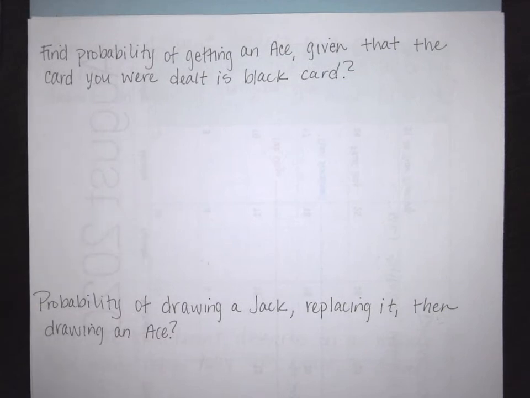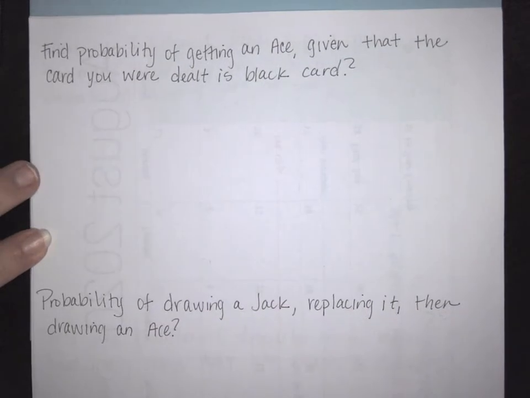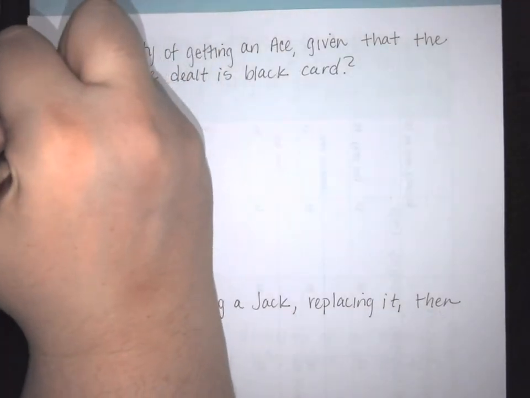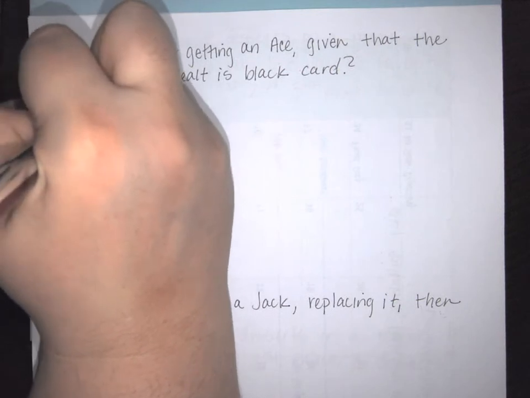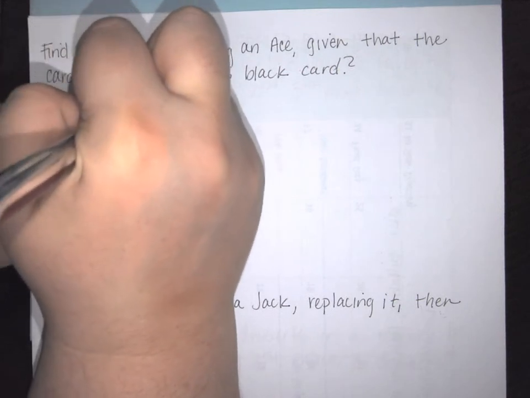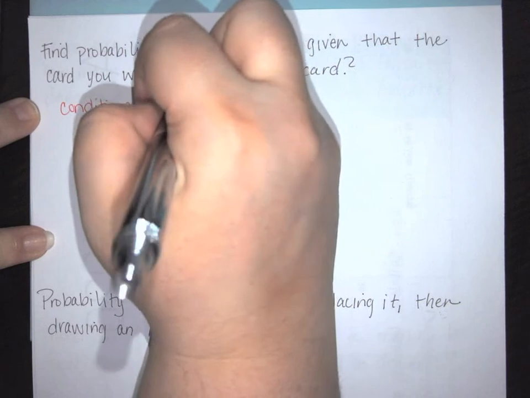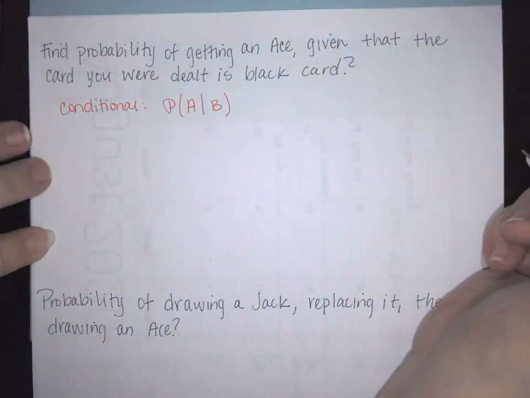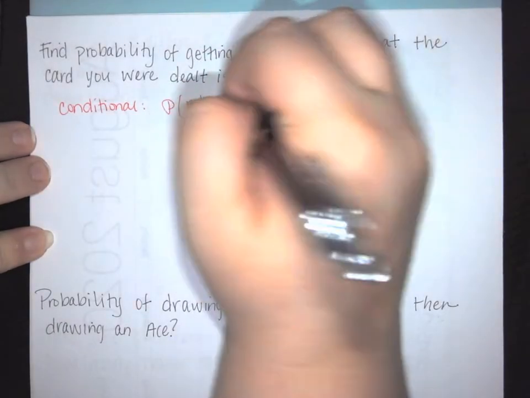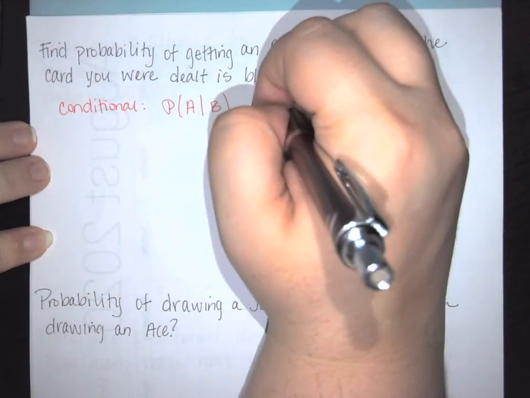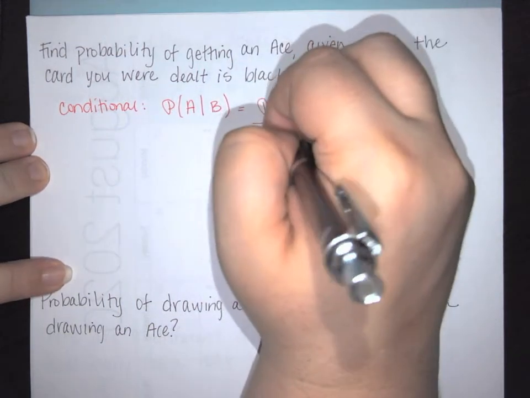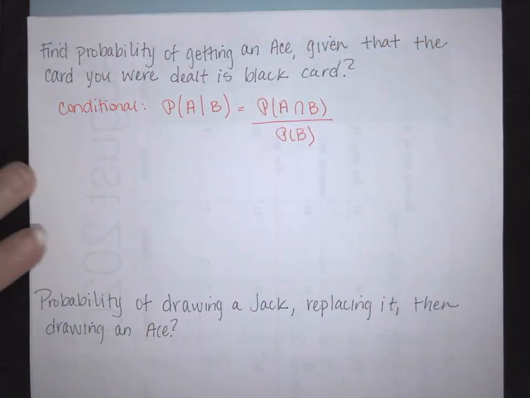This makes me work with the formula for conditional probability, which is the probability that A occurs given the event B. So I'm looking for the probability of A and B, given that the probability of B has to occur.